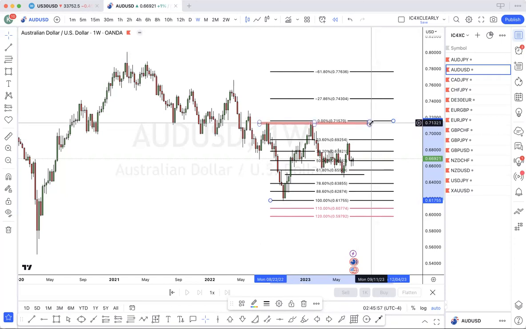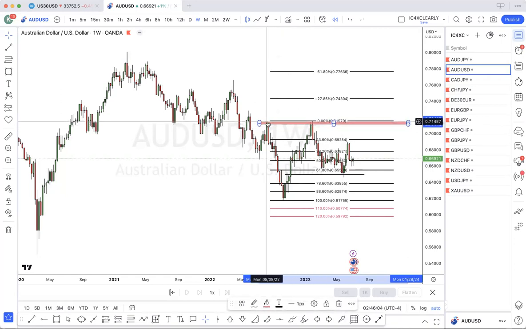Since we're on the weekly, it is creating a key level here. It tapped here, it tapped here. It may come back up and tap again, or it may come tap and break through to the -27, which is the close of this imbalance.